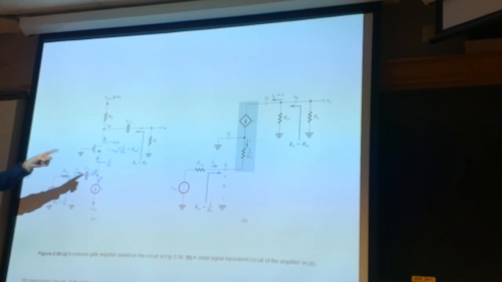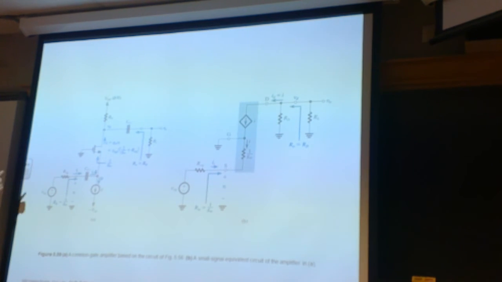What's VGS in that circuit? 2 volts, if I don't have any signal. No, well, it's zero, because the DC voltage was constant, I ignored it. That's why you don't see it over there.